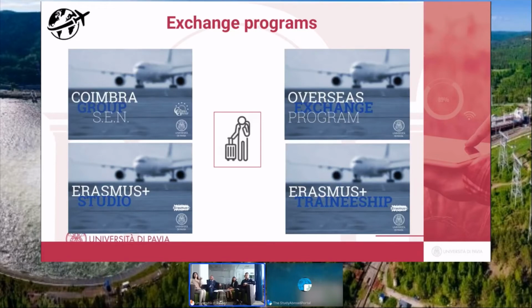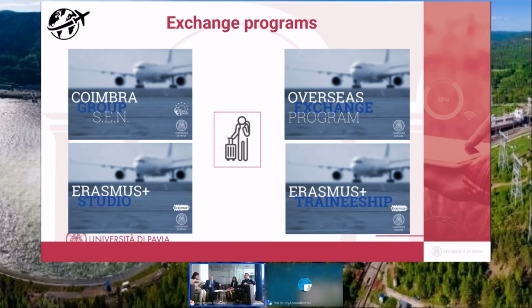Of course, during the master's study, students will have the possibility to do an exchange with many other universities. As the professor explained before, we have the exchange program with Utrecht University in Holland. We also have a number of direct contacts, and we can also include all these programs with Erasmus and overseas exchange.